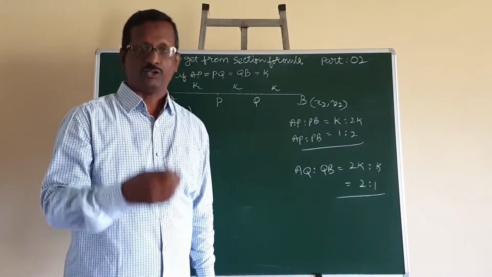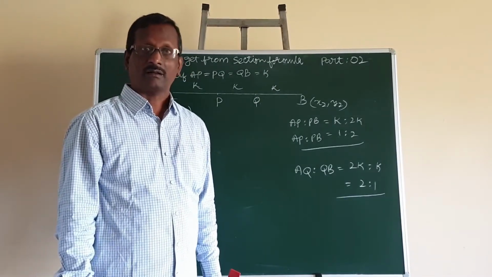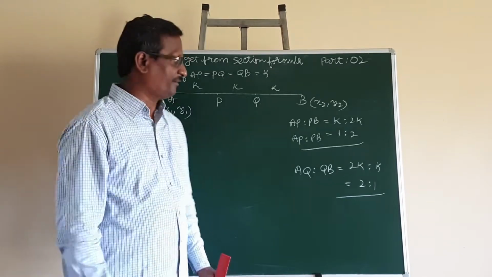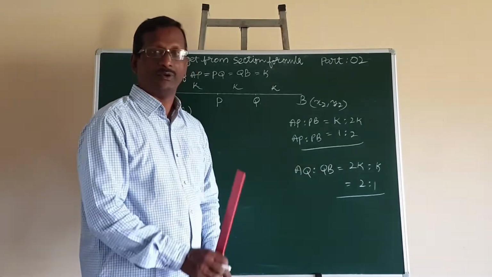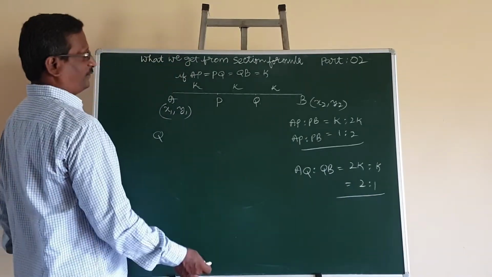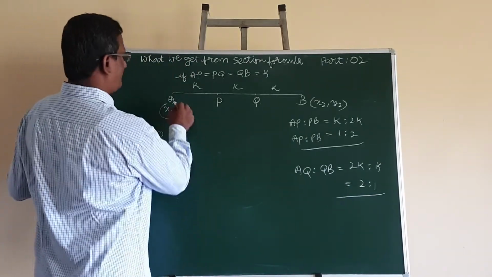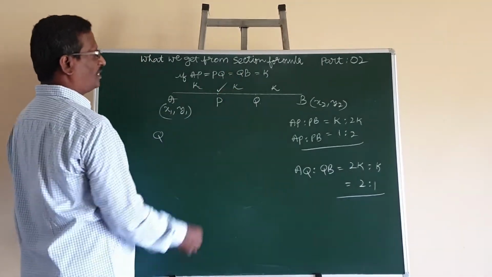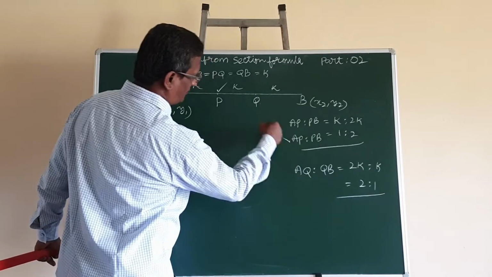Either you take the ratio 2 is to 1, but the simplest way of finding the coordinates of point Q is by using the midpoint formula. First let us get the coordinates of point P by using the section formula.